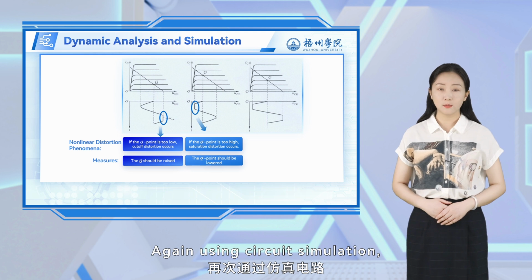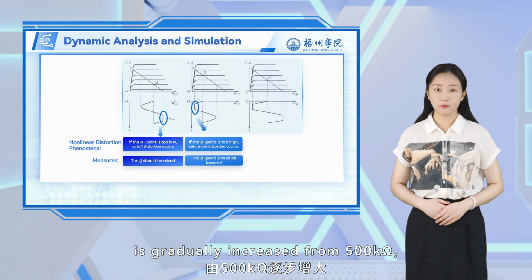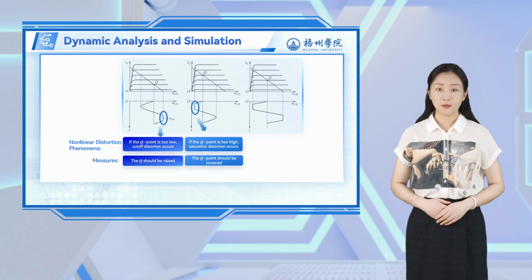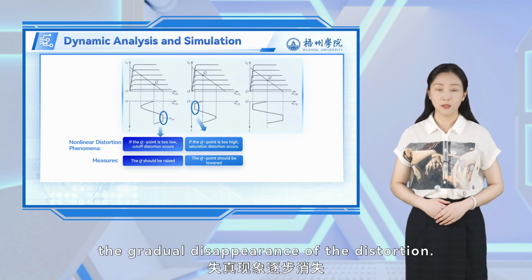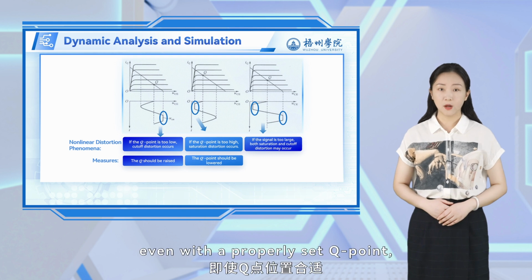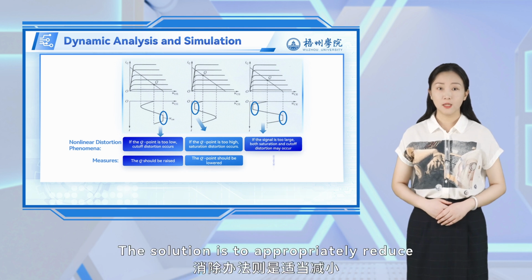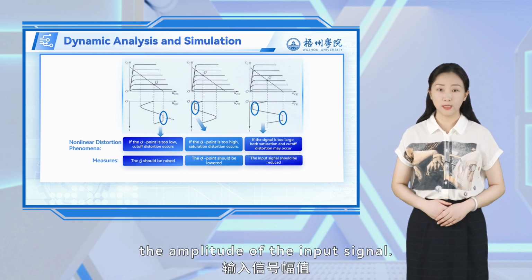Again, using circuit simulation, as RB resistance is gradually increased from 500 kiloohms, we can observe the gradual disappearance of the distortion. If the input signal amplitude is too large, even with the properly set Q point, both saturation and cutoff distortion may occur. The solution is to appropriately reduce the amplitude of the input signal.